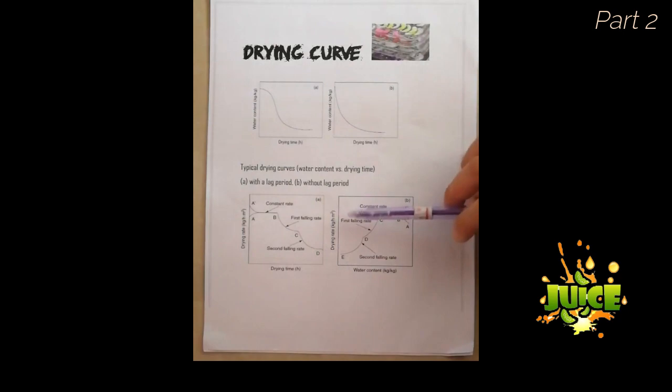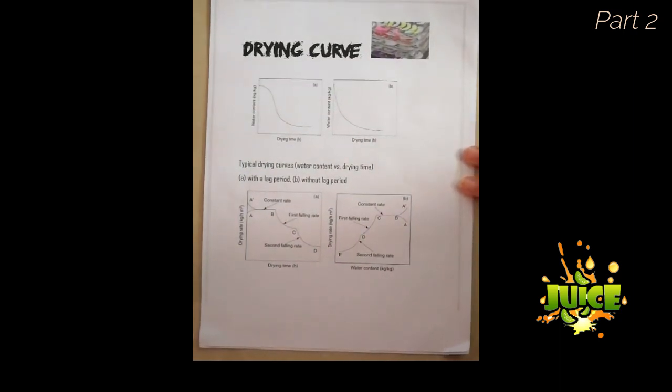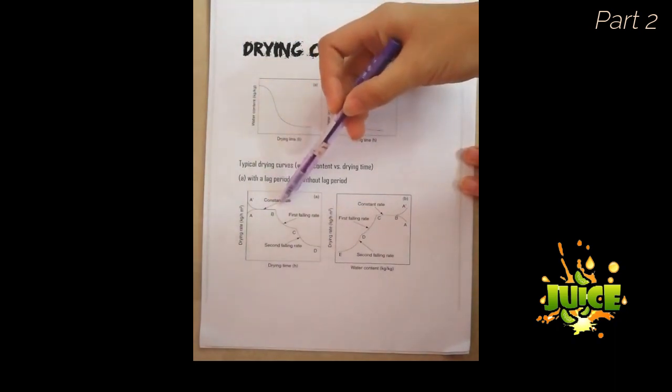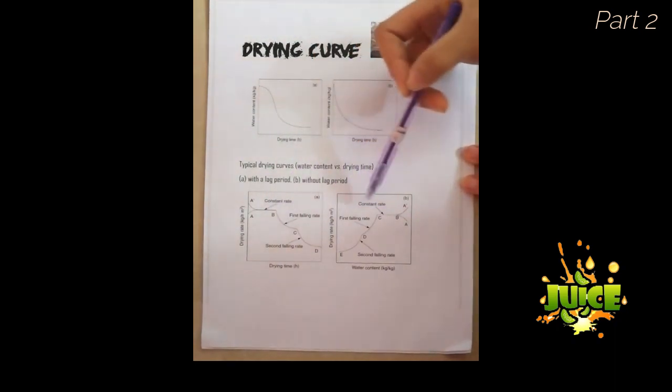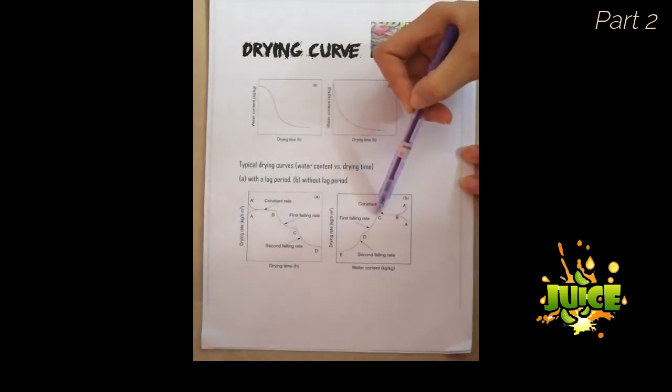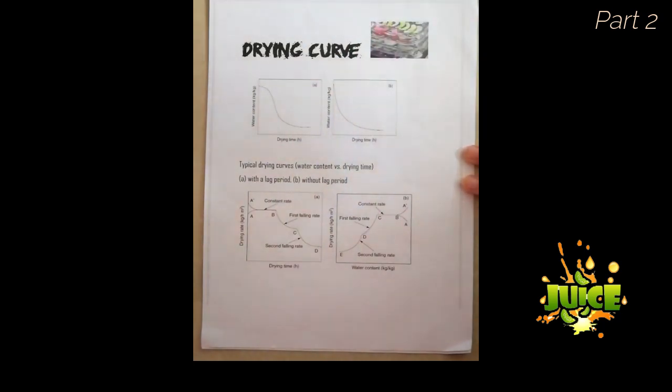The first falling rate occurs when the wet spots on the surface continuously diminish until the surface is dry. The first falling rate in both diagrams can be represented by B in the left-hand side diagram and C in the right-hand side diagram. This is the first falling rate.